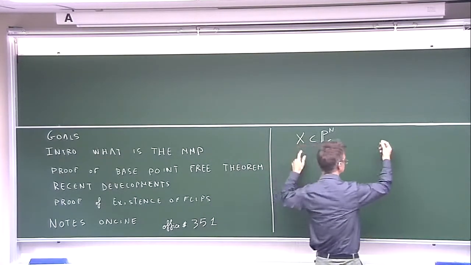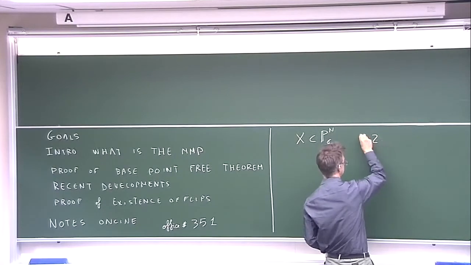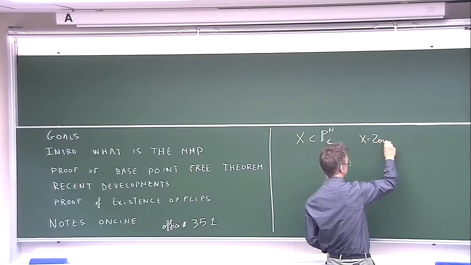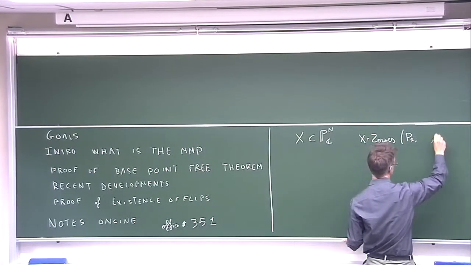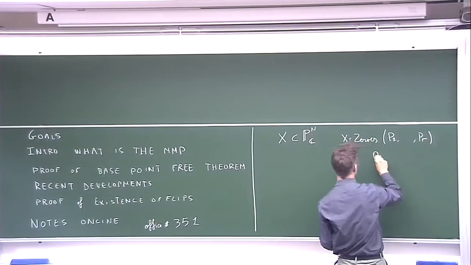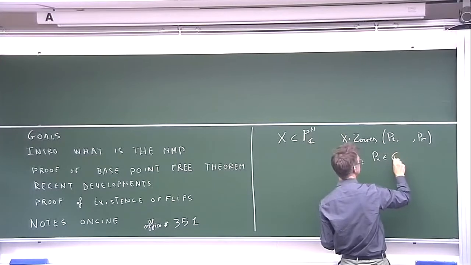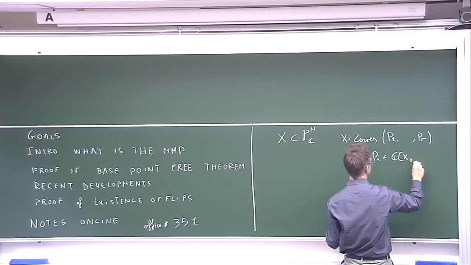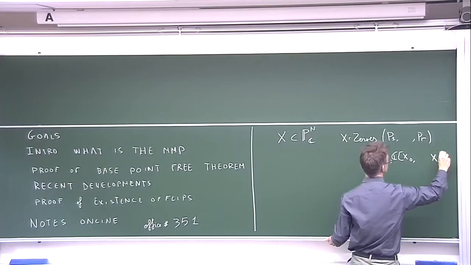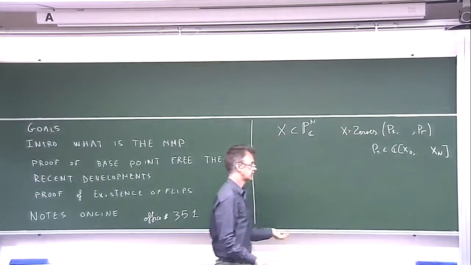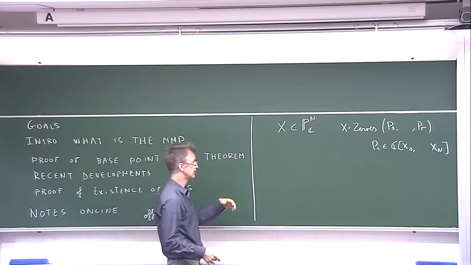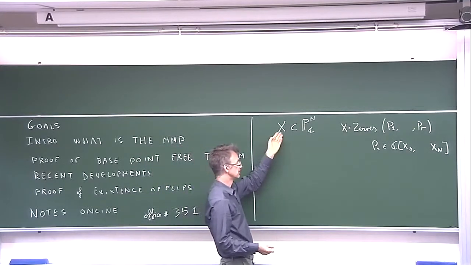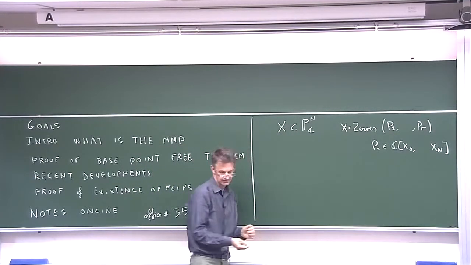Such a variety is defined as the zero set of a bunch of homogeneous polynomial equations. So it's an algebraic variety. These are homogeneous polynomials in the variables x0 through xn. Your typical example is one homogeneous polynomial of degree d, which will define a codimension one subvariety of the corresponding projective space.